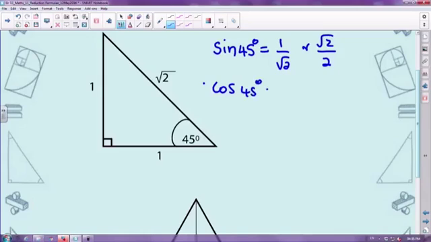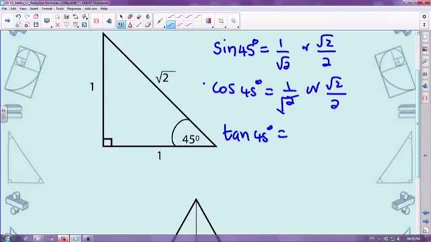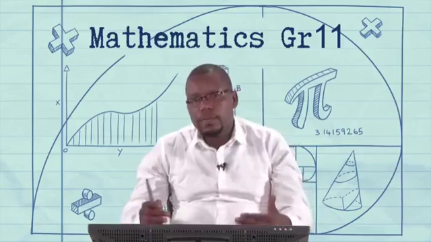Cos 45 is 1 over root 2, or the square root of 2 over 2. But now the tan of 45, remember, tan is y over x, so that is 1 over 1, which gives us 1. So at any given time, you can be asked to simplify a problem when it gets to the special angles.